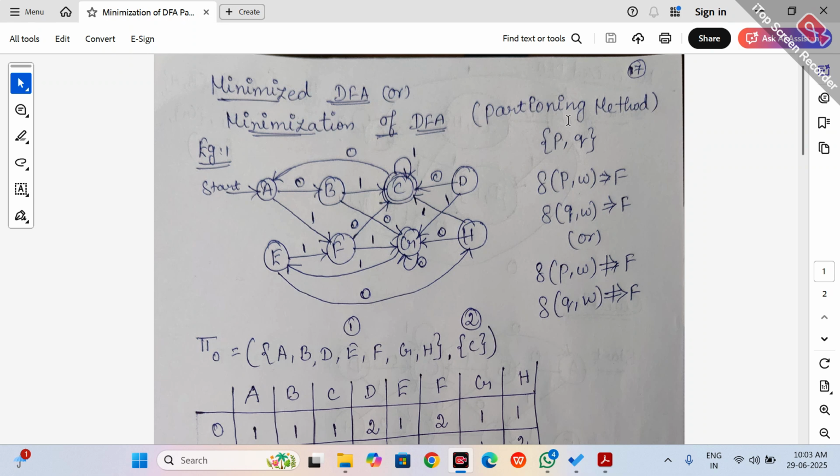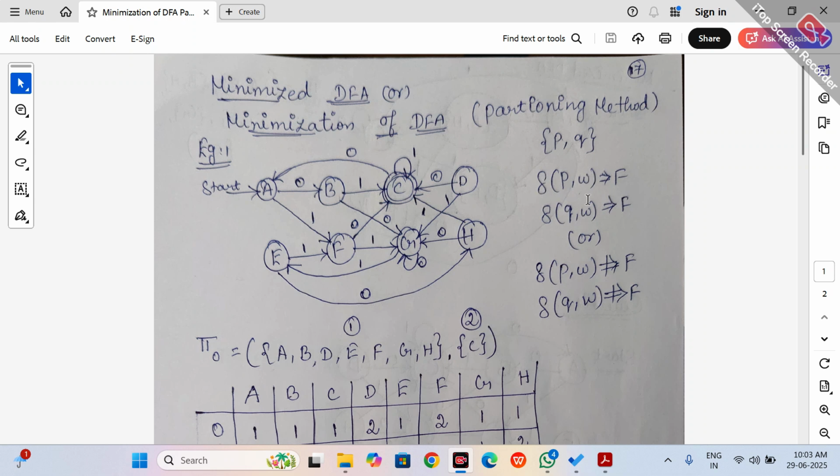Here, minimized DFA means we can reduce the number of states of the given DFA. If two states are equivalent, then we consider them as a single state. For example, P and Q are equivalent if, during transition for some input, A or B or 0 or 1, anything, from state P to a final state, then Q also goes to a final state for the same input.